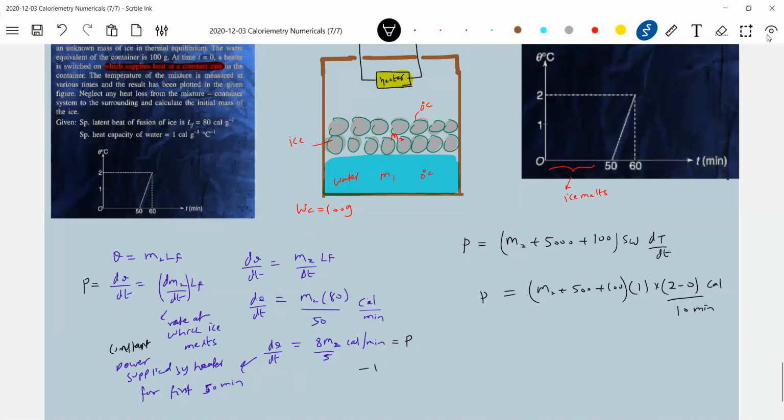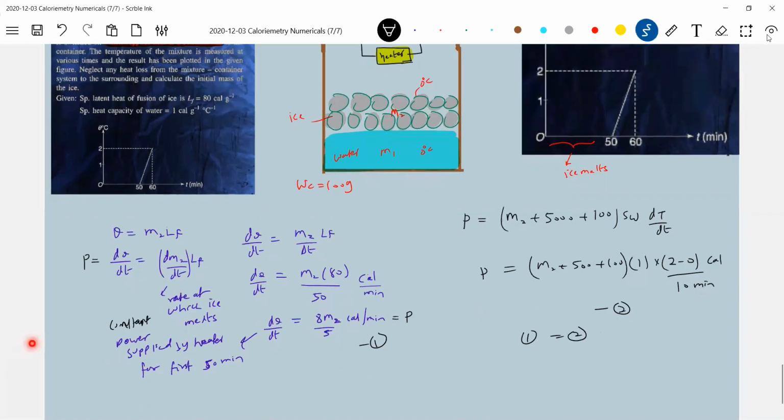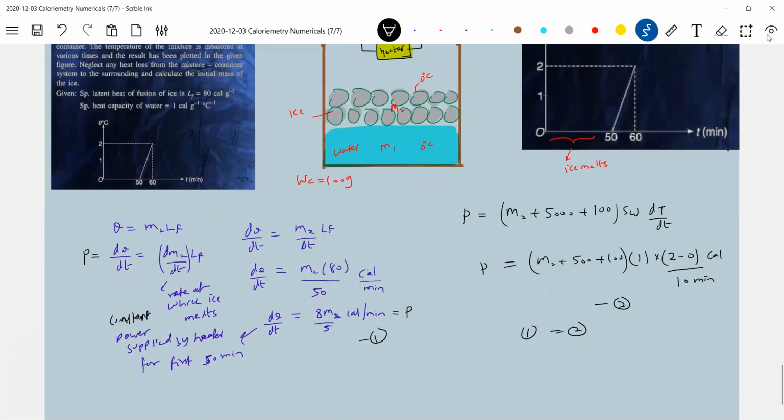So there's equation 1 and equation 2. Same power, no? It will supply a constant. So I'm going to equate them. So this will become 8 m2 by 5 is equal to the other expression. Solve for m2, you'll get the mass of ice. Anybody have a value?